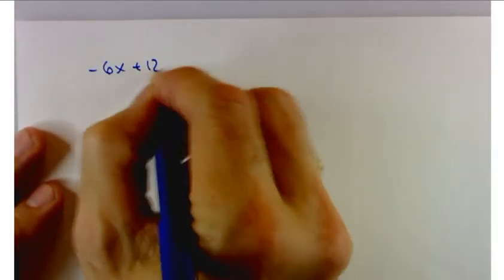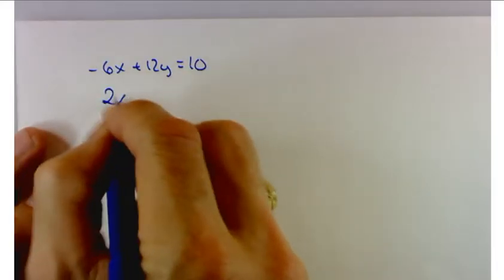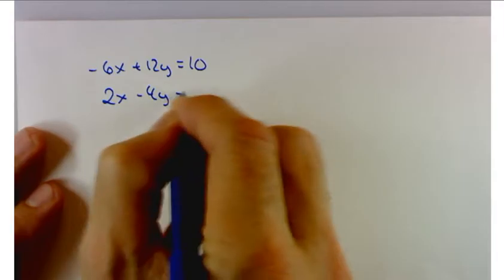Let's take a look back at problem number 34 from the previous section. And that problem looked like this. Negative 6x plus 12y equals 10. And 2x minus 4y equals 8.